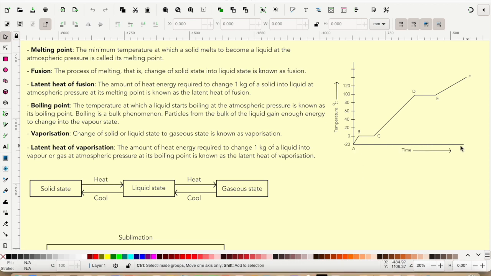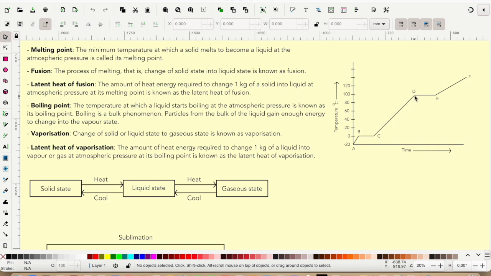The process of changing ice to water vapor is plotted on the graph as shown in the figure. At point A, ice is at minus 20 degrees centigrade. From point A to point B, temperature increases to 0 degrees centigrade, which is melting point of ice. From point B to point C, ice changes to water and temperature remains constant at 0 degrees centigrade.